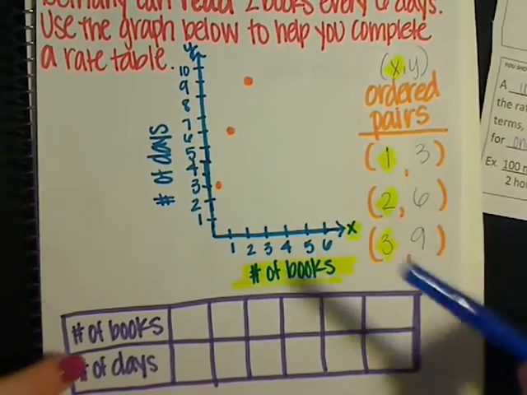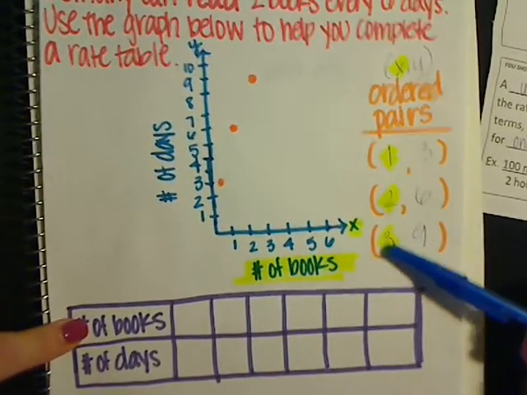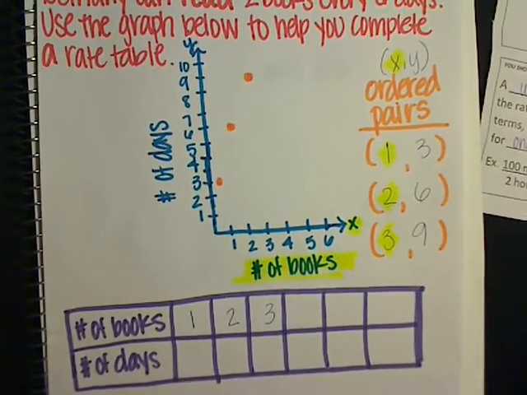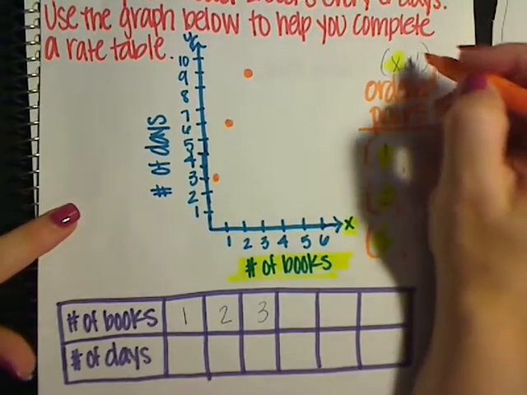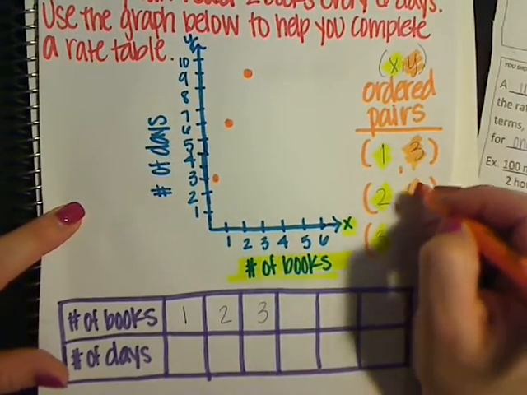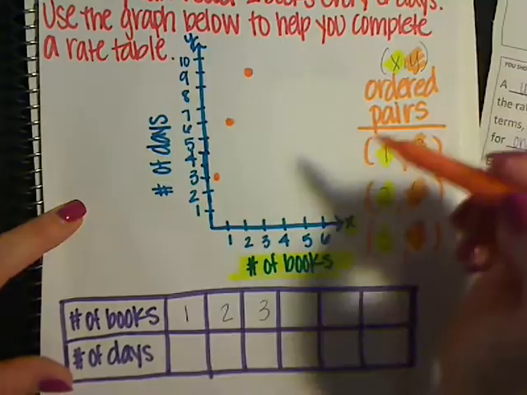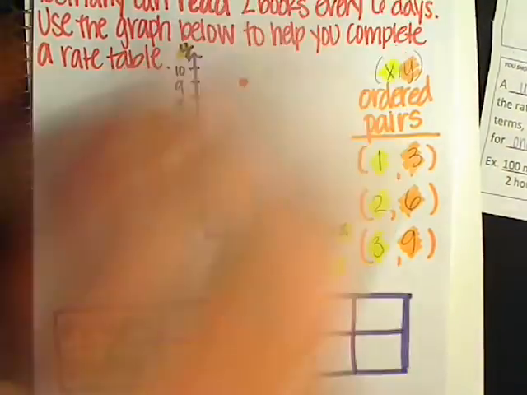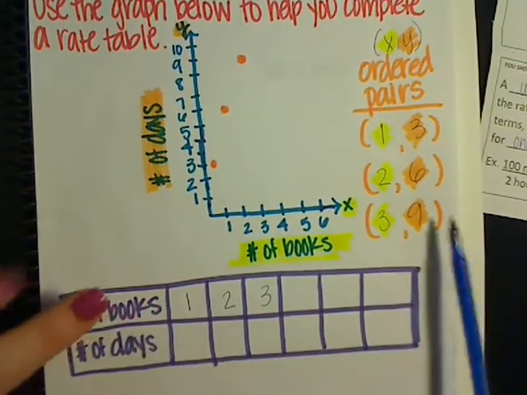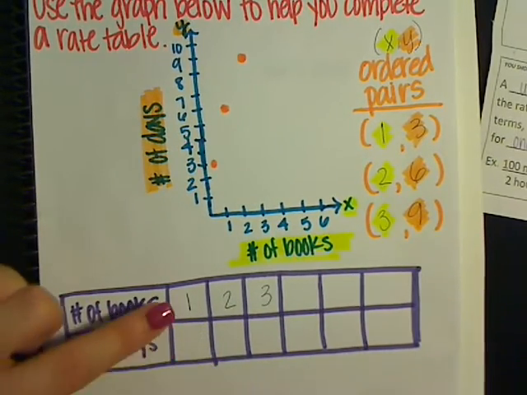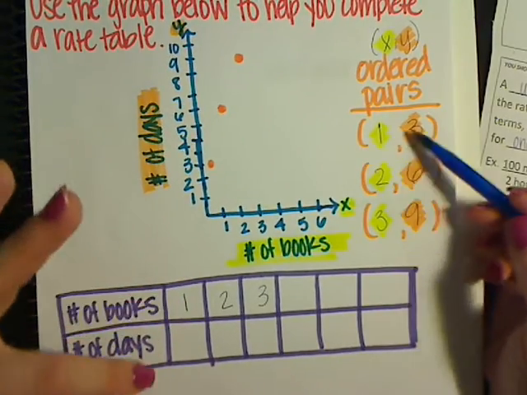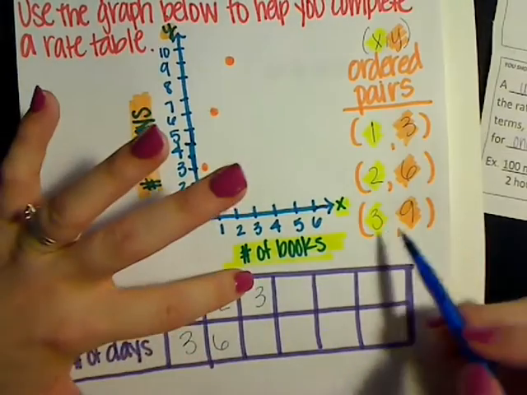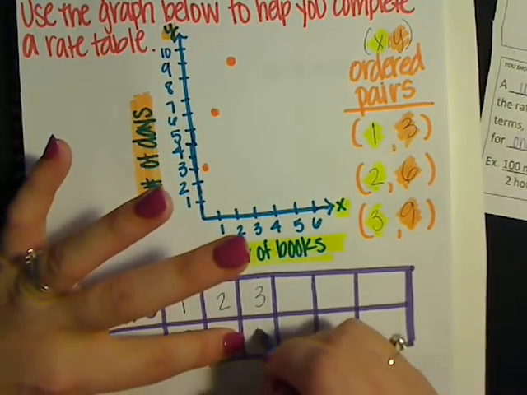So the number of books are all my x values, 1, 2, and 3. My y values came from the number of days on the y-axis. So my y values need to go with their corresponding x values. So 1 book in 3 days, 2 books in 6 days, and 3 books in 9 days.